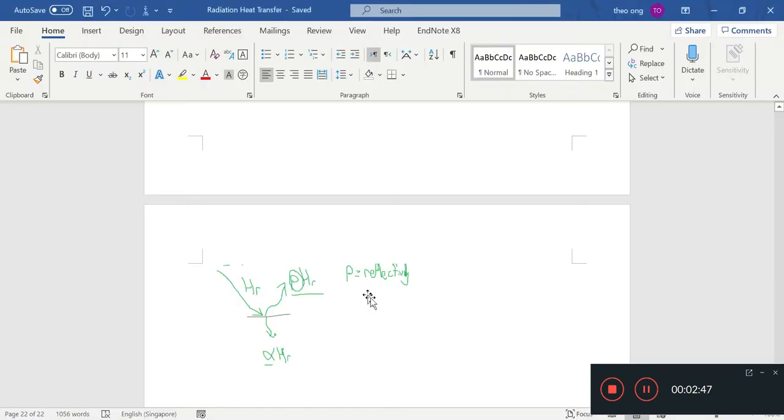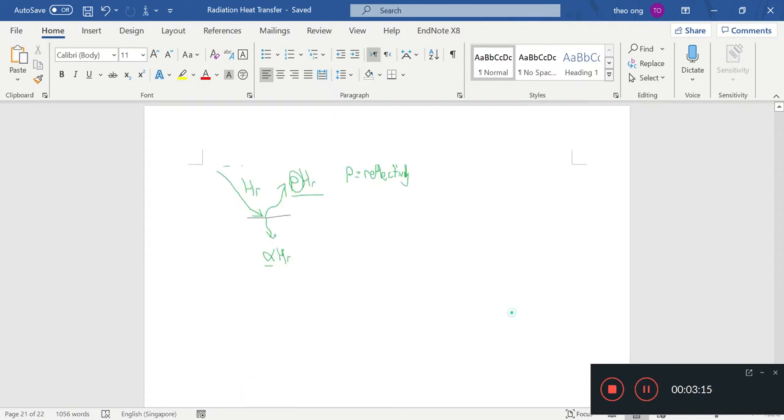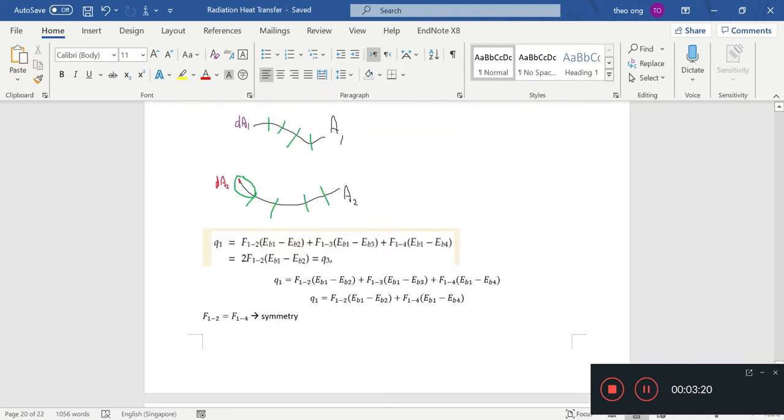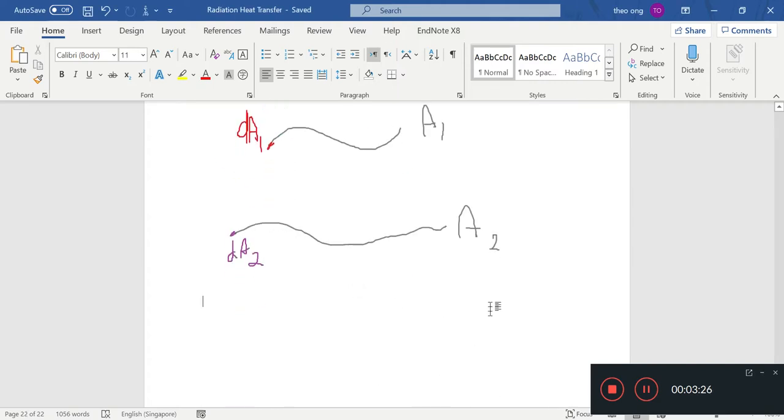So let's do a typical energy balance again on one of these small little areas, the A1, and of course we have the A2 here. This is what a gray surface does.